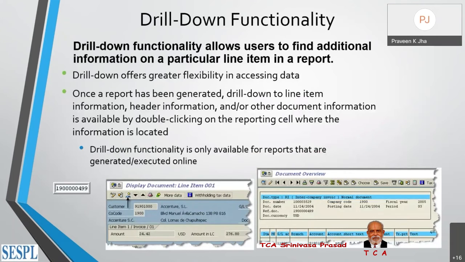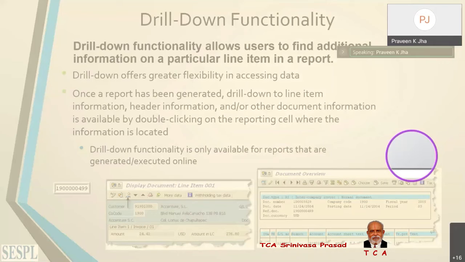Okay, next slide, please. Drill down functionality. Suppose while you are executing the report, after that you want to see from where this figure has come up. You have to click on that line, then it will come to the lower level, and you keep drilling down the same way. At the end level, you will get the document which is posted in your system.